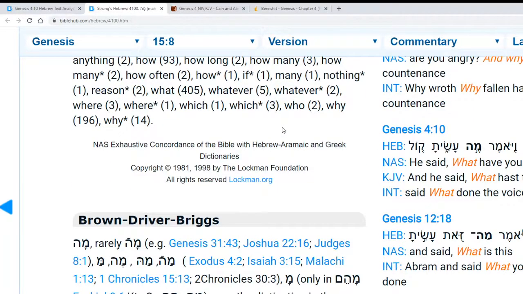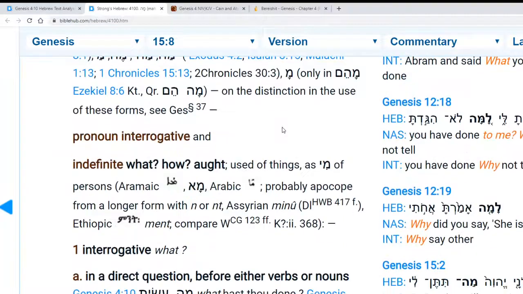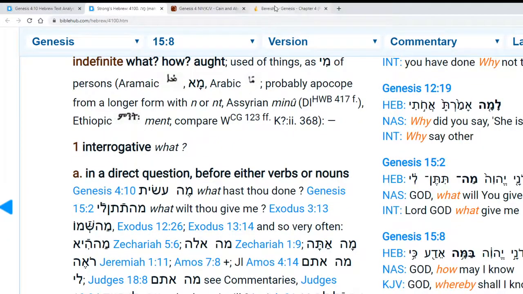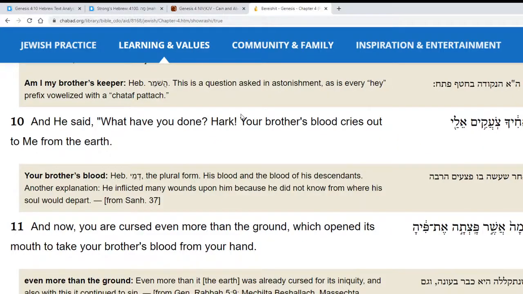Maybe we'll look at the Rashi and see what he says. But yeah, they're translating me hark. No, me asita kol. What have you done? Hark. I don't know where they get hark from. Qol demei achicha tzoakim alai min ha'adama. I don't understand where they get that, and it's not something that Rashi's saying either.